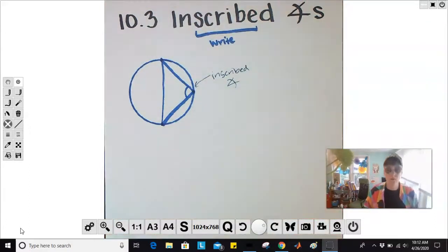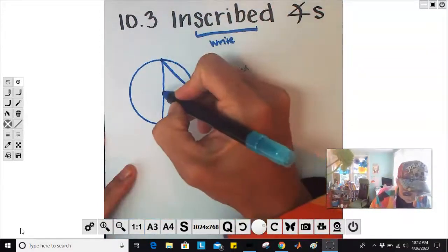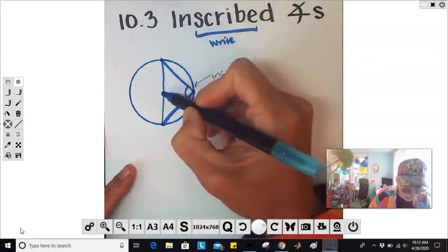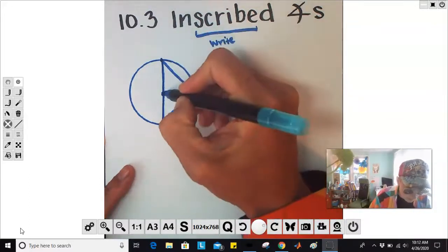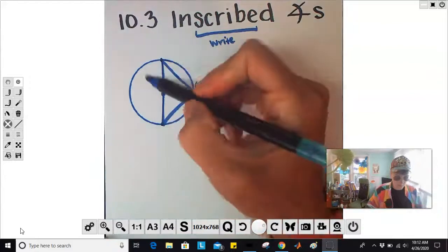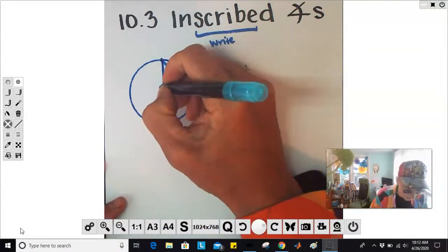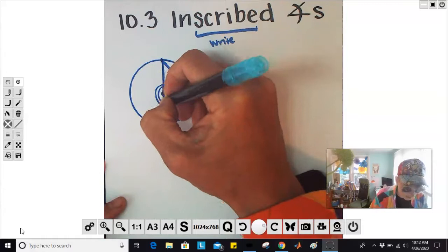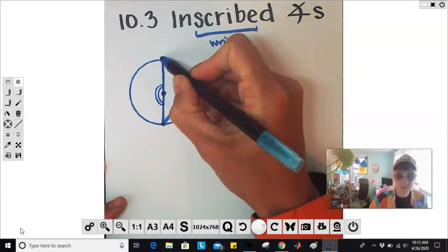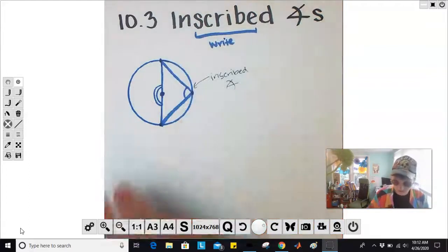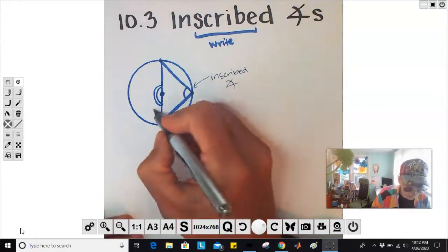angle. Cool. Now, we're going to relate this to the central angles we talked about before, which had their vertex at the center. So, let's say this here is our central angle, and since it is actually our diameter, we know that this angle is 180 degrees. Let me write down all the things I just said.